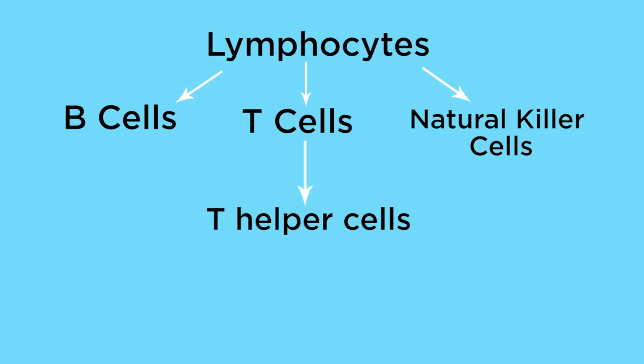T helper cells are divided into Th1 and Th2 cells. Now, autoimmune disease develops from an abnormal immune response in the body when there's an imbalance of Th1 and Th2 cells and the chemical messengers they release. In people with autoimmune dysfunction, there's usually a dominance of either Th1 or Th2 cells.